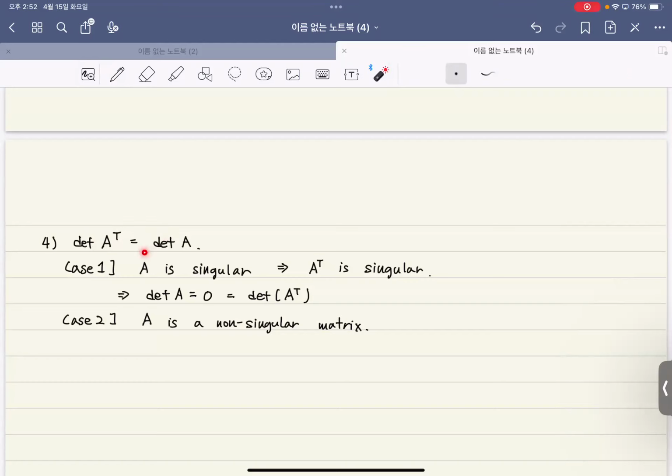To prove this, we have to consider A's LU factorization. We consider A's LDU factorization.